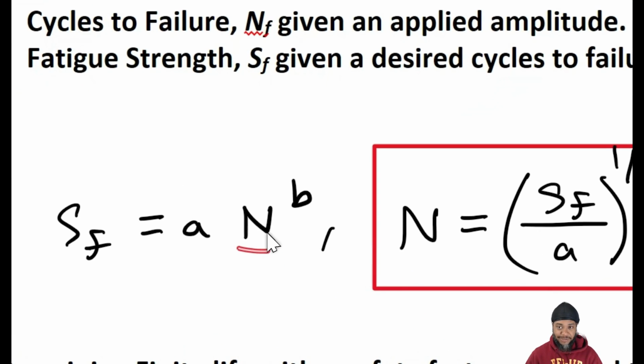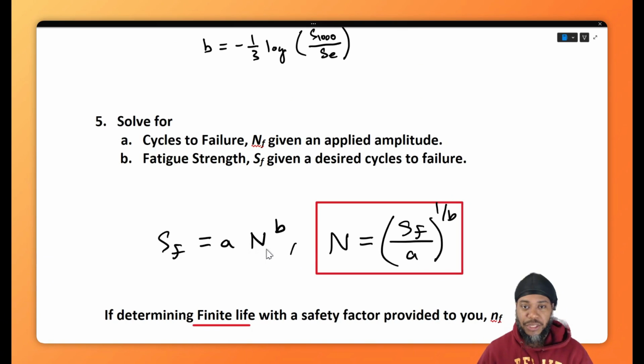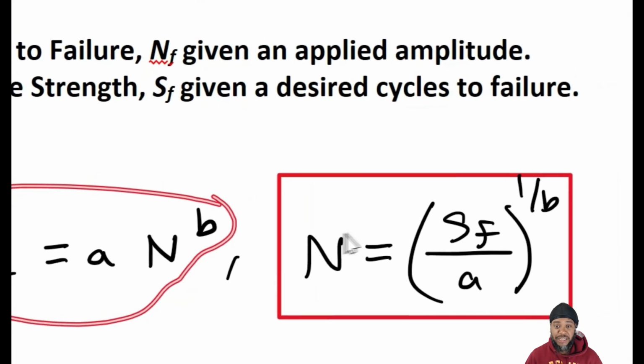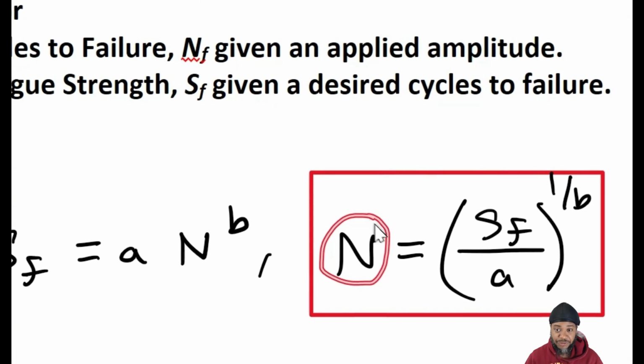But also we could have an issue where we have a design and we cannot have the stress amplitude exceed a certain number. The stress amplitude must be less than 50 KSI. How many cycles to failure would we have if it is 50 KSI or less? In that case, we can rearrange this equation in terms of the cycles to failure.